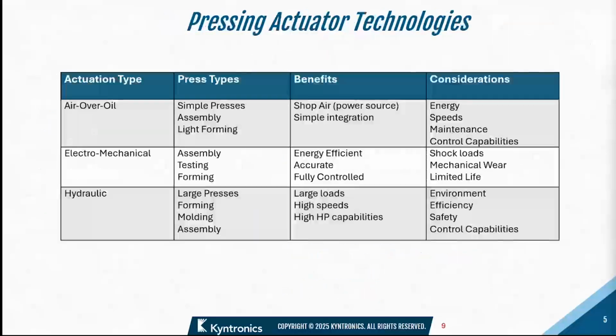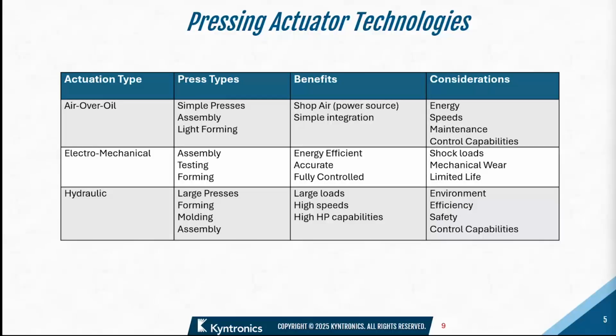So some of the different actuator technologies that are out there are air-over-oil, electromechanical, and hydraulic, which are the popular technologies. Air-over-oil is relatively simple. It uses air as its power source, so it doesn't have the motor and associated drive, so it's a little more cost-effective solution.